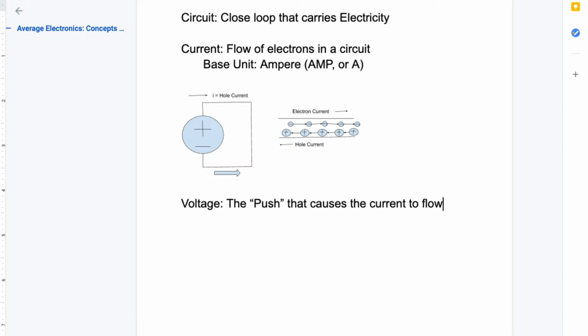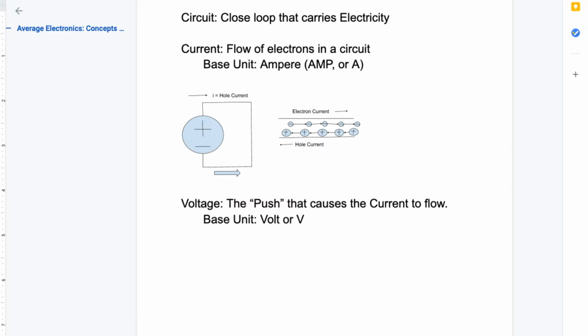So a voltage is the push that causes the current to flow. And its base unit is volt or V, right?